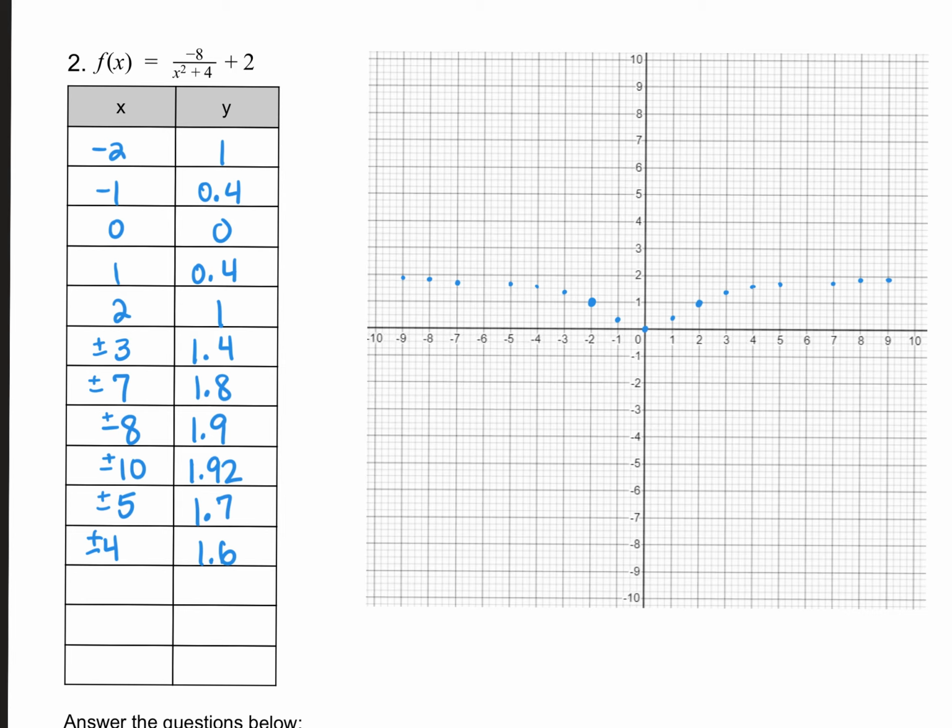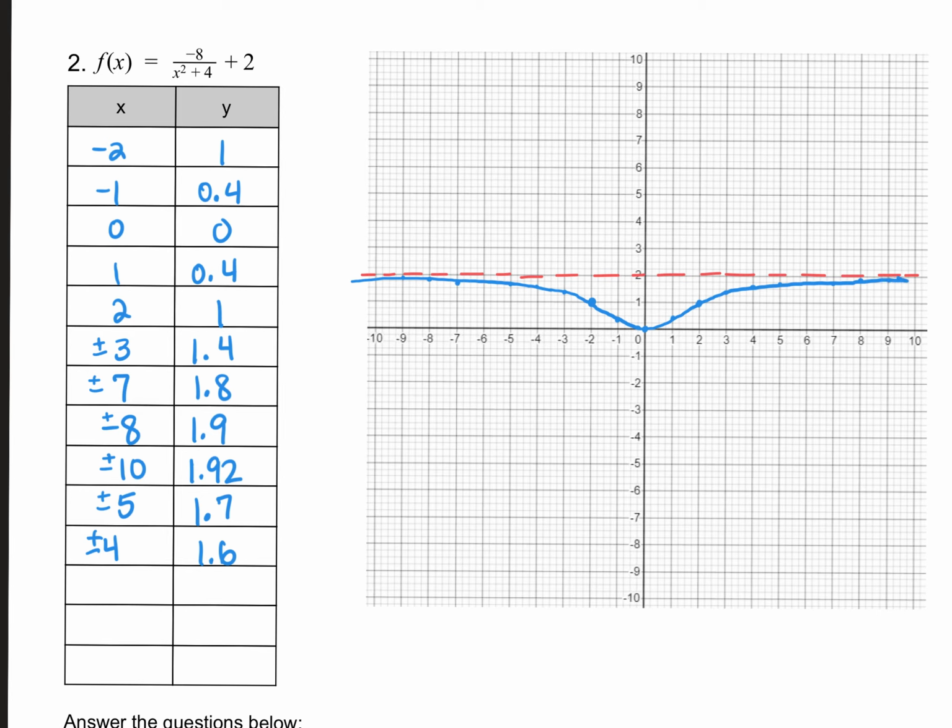So tentatively, hopefully you're noticing, it looks like there's an asymptote here. It looks like we're never going to go past positive 2 on the y-axis. So what's happening is the graph stays really close to 2, and then it makes a beeline towards 0 and then bounces back up away from 0.